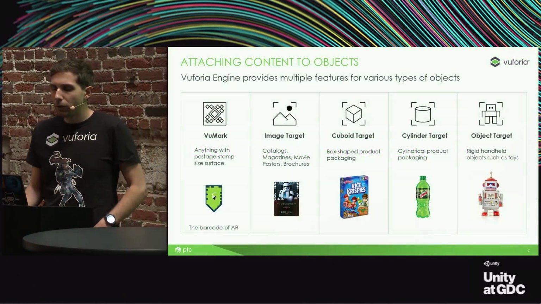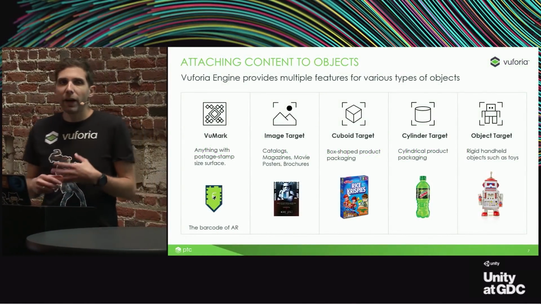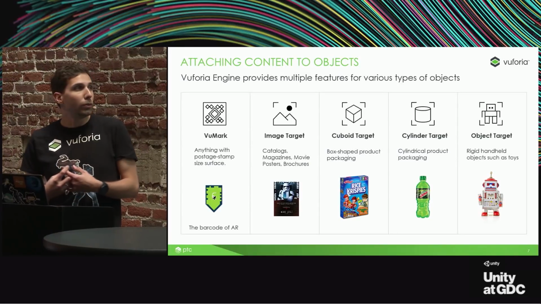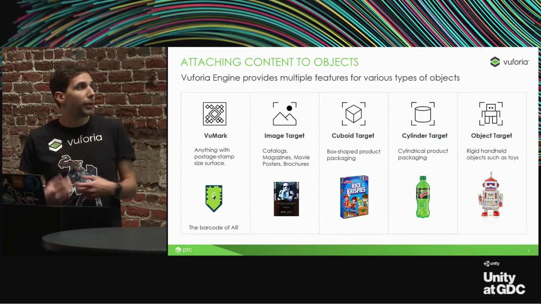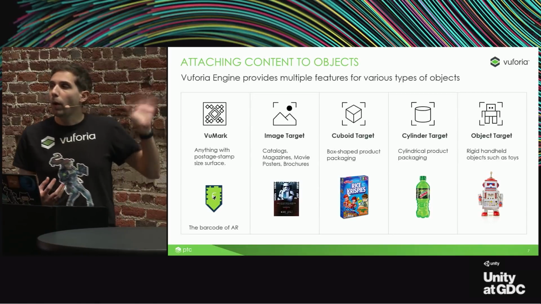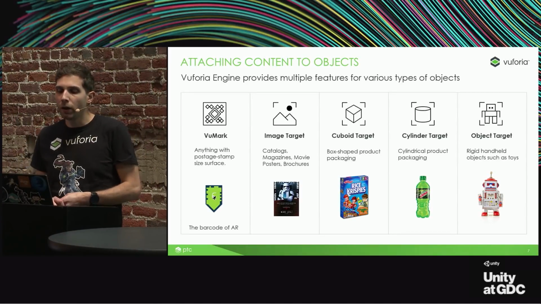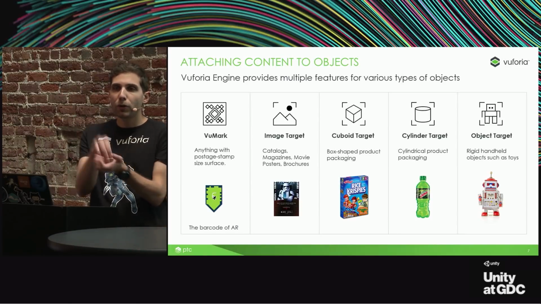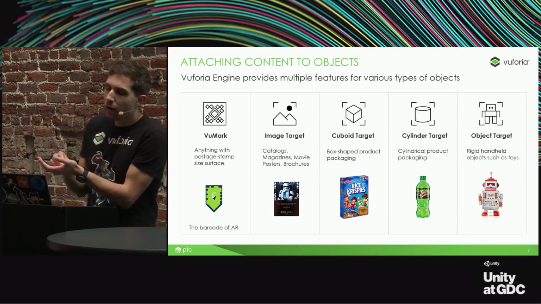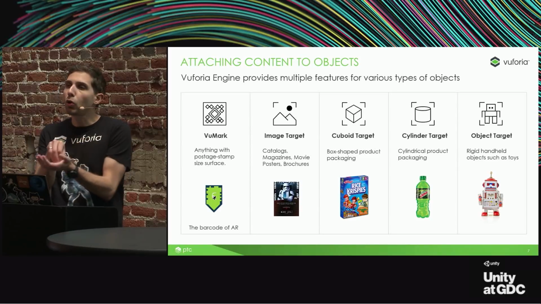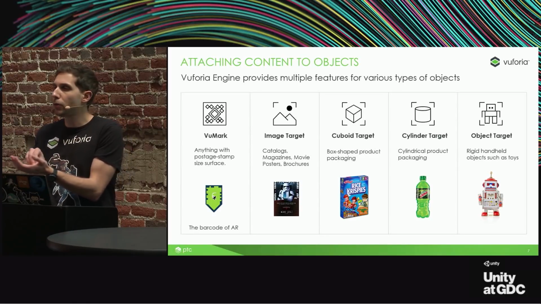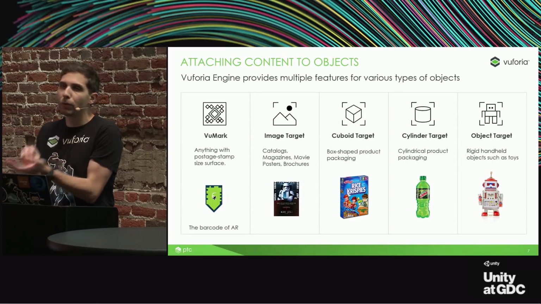So placing content onto objects. Vuforia has a lot of different ways to give developers the opportunity to put content onto objects. One of these ways is something that we call a VuMark. And a VuMark is really interesting in the sense where not only can you put your virtual content on an object, but you can store data in a VuMark, and you can identify an object down to serial number.